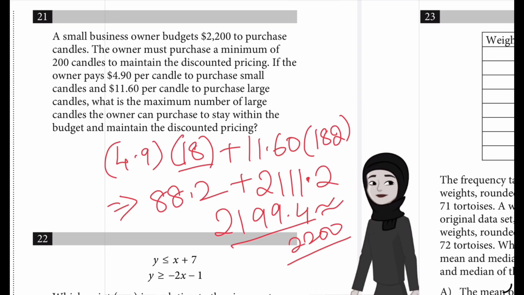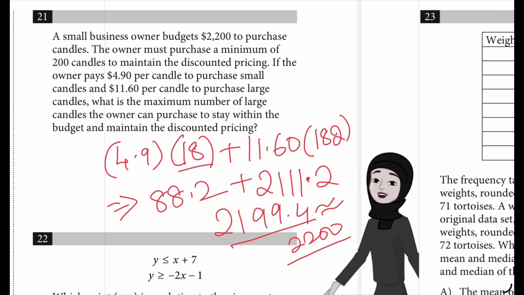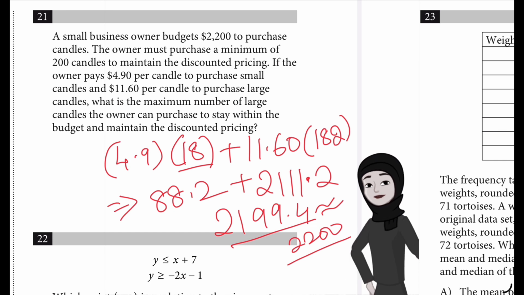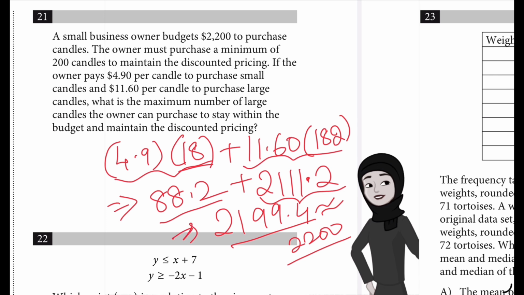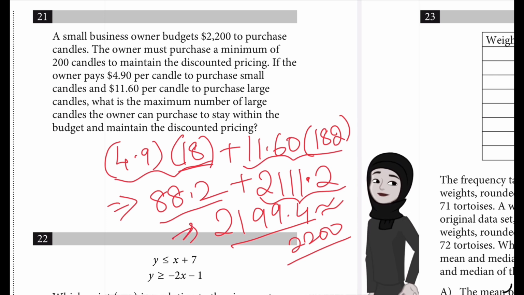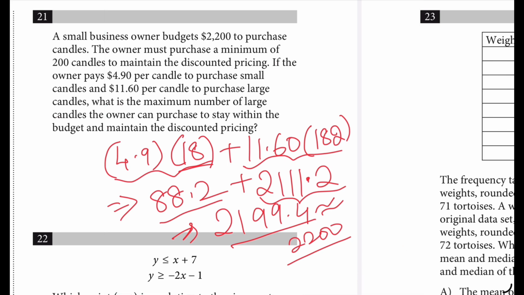From the graph, if we take 18 to be the number of small candles and 182 to be the number of large candles, 4.9 times 18 is $88.2, and the amount for the 182 large candles is 2,111.2. That totals 2,199.4, very close to 2,200. So there's no more amount left to buy any small or large candle anymore. I hope that's clear.